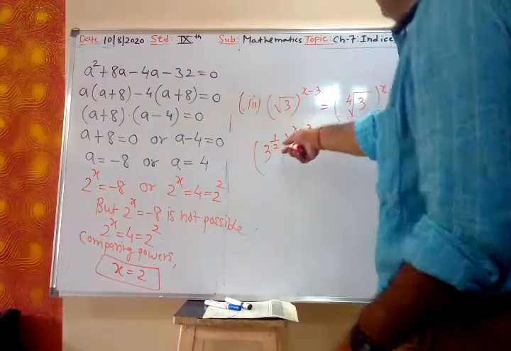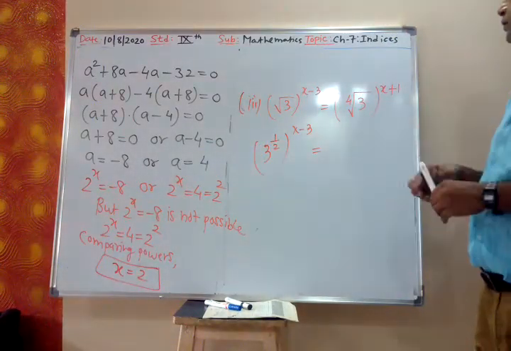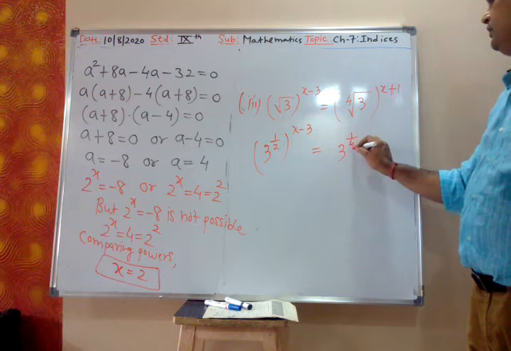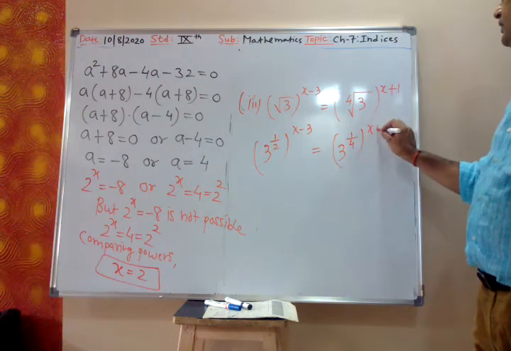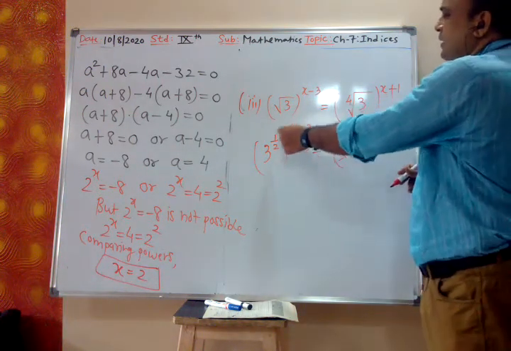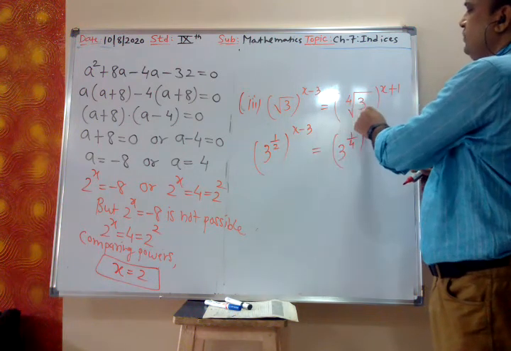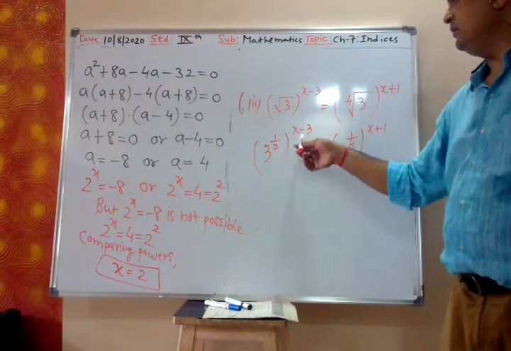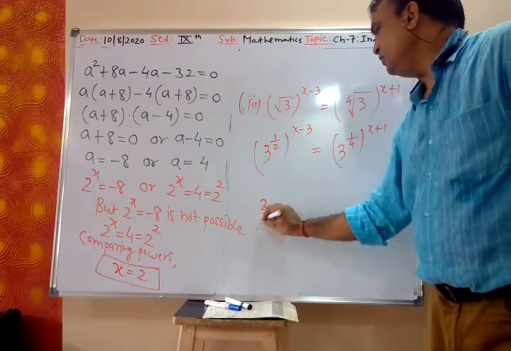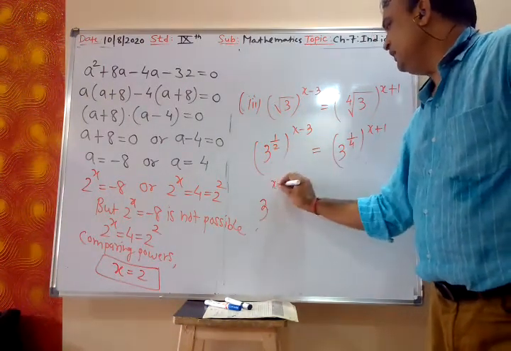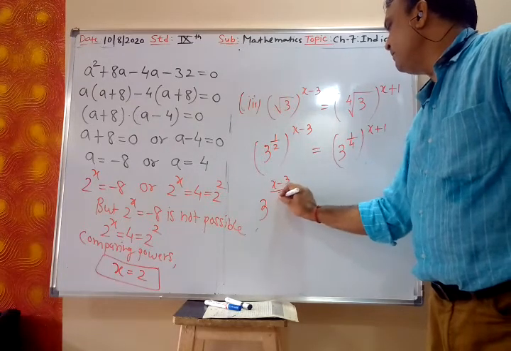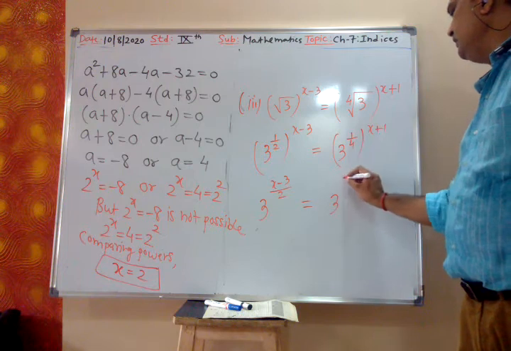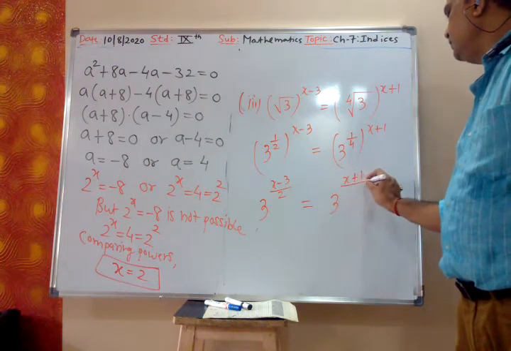Root 3 means power half. Fourth root means power 1 by 4. So this is 3 raised to 1 by 4 raised to x plus 1. Now we use power raised to power, multiply the power. So 3 raised to half into x minus 3 upon 2 is equal to 3 into power raised to power, multiply the power, x plus 1 upon 4.